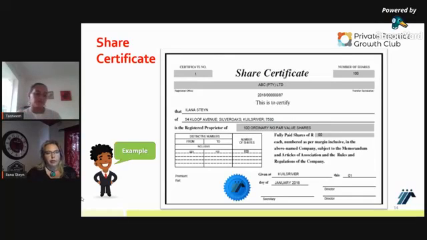It tells you where it was signed, the date of the allotment, and then usually one of the directors will sign where it says director. If there's more than one director of the company, then both of them can sign. And really interesting enough, the shareholder doesn't even sign this document. It's signed by the directors of the company.